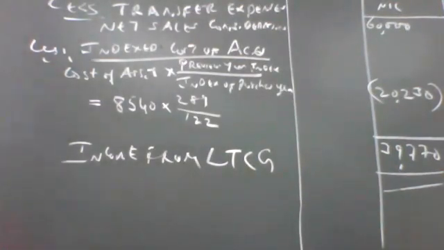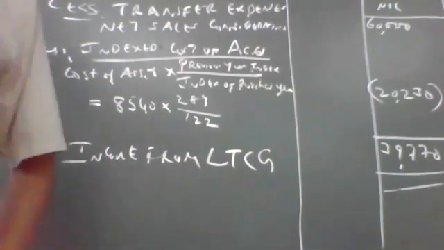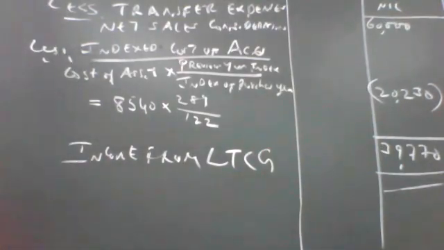Now, the second problem. The second problem is very interesting. Purchased house property on 1st September 1999 for 4,10,000. Fair market value on 1st April 2001 is 3,70,000. Then he incurred the following expenses.